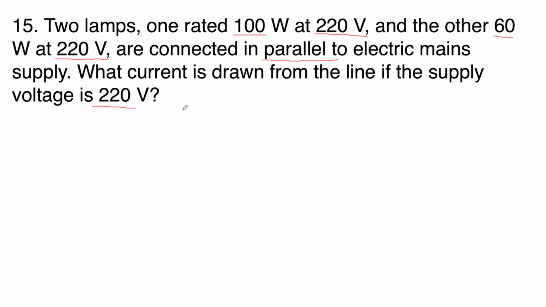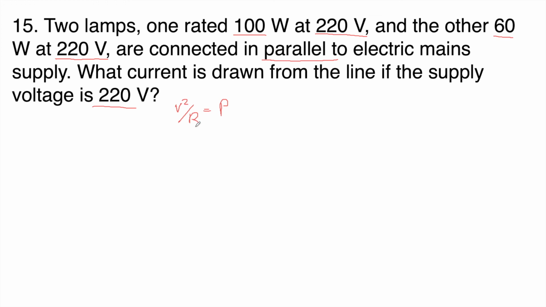Okay. So which formula we can use? If it is a parallel connection, we can use V square by R for power. But they didn't mention anything about the resistance. Anyway, we can calculate the resistance from this equation, and using the voltage and resistance we can calculate the current also.